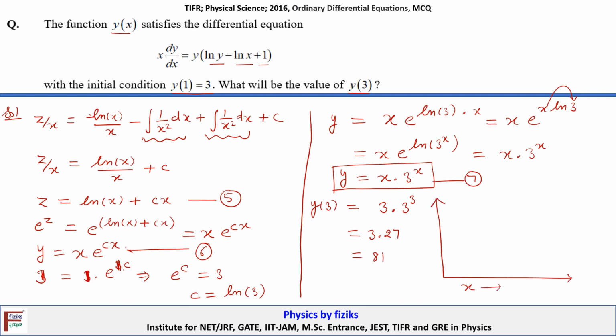Here x, and here y, and this rises exponentially, and at x is equal to 3 the solution obtains the value 81. Like this we can plot the solution of this differential equation.